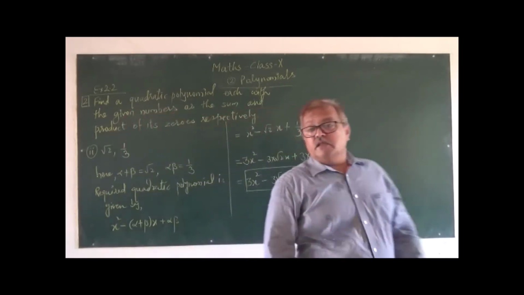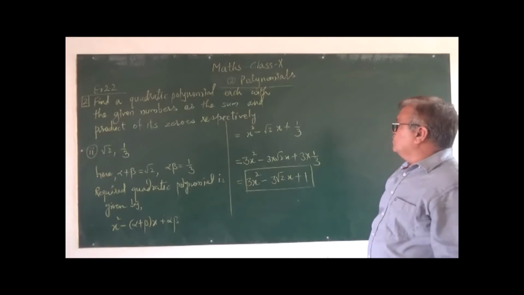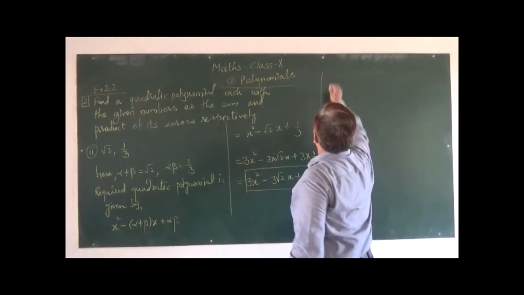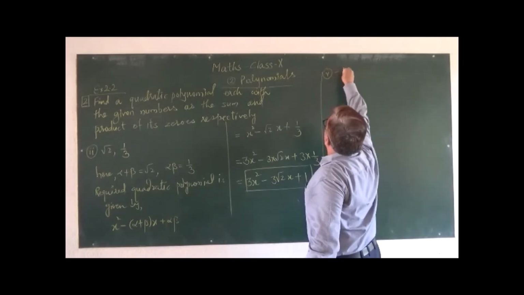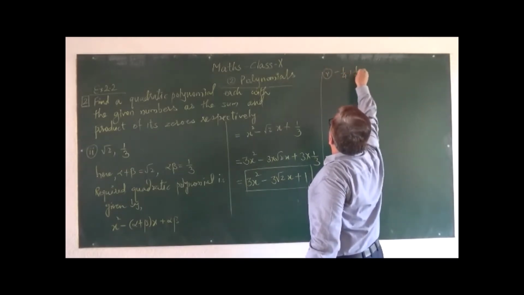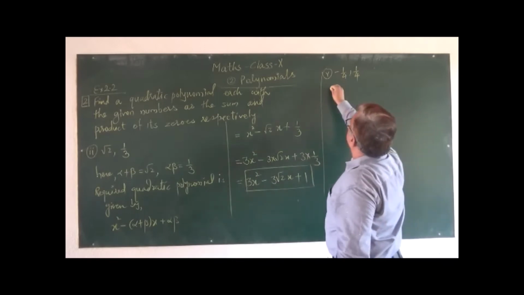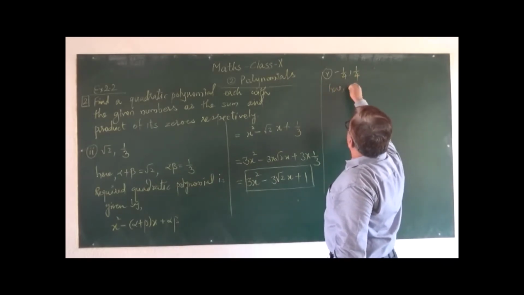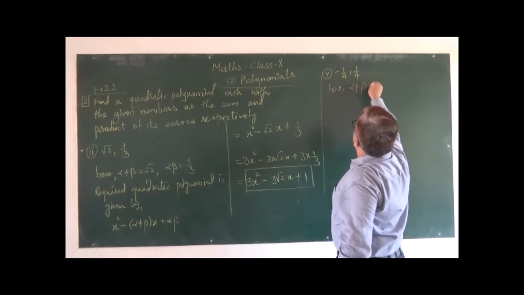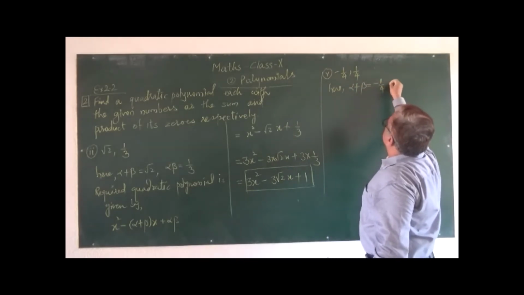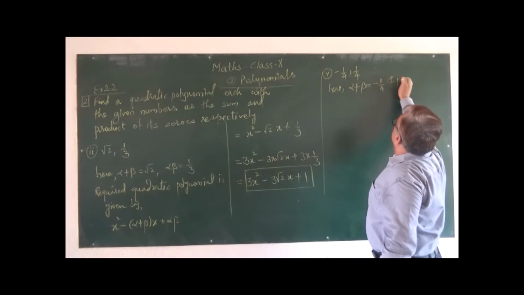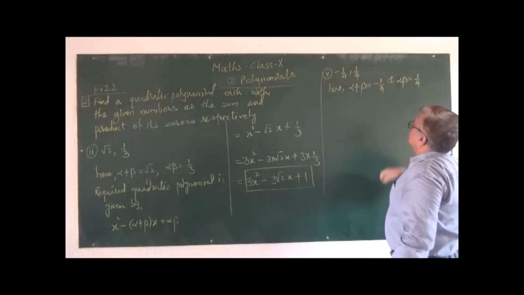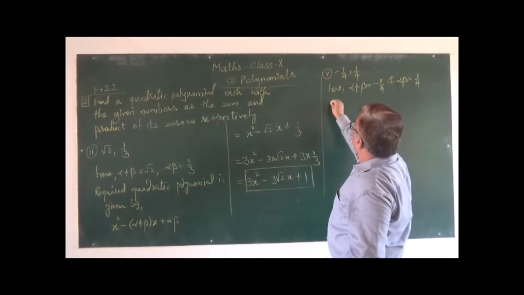Let us see one more example based on this type. Fifth one is minus 1 by 4 and 1 by 4. So here alpha plus beta is minus 1 by 4 and alpha into beta is 1 by 4. So the required polynomial.